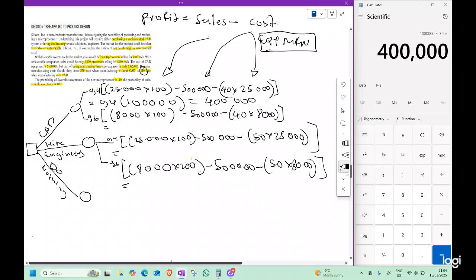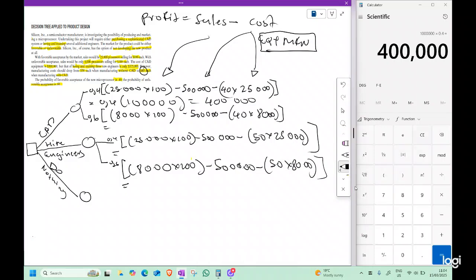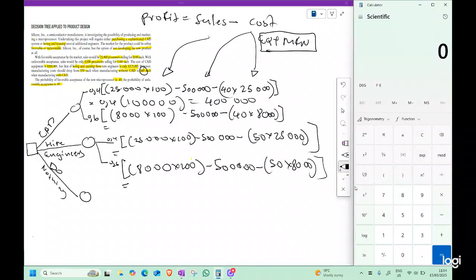So then here it's 800,000 minus 500,000, then minus something with 32,000. 4 times 8, is it 16 plus 16? Yeah, something with 32,000.